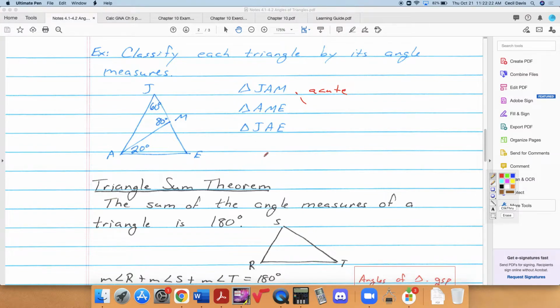They're supplementary, because they are a linear pair. Linear pairs are not going away. You're going to have them over and over and over again. So this is 100. So that means that this triangle is obtuse.